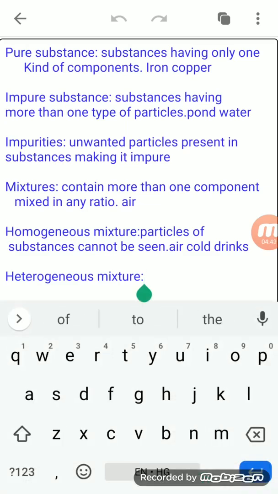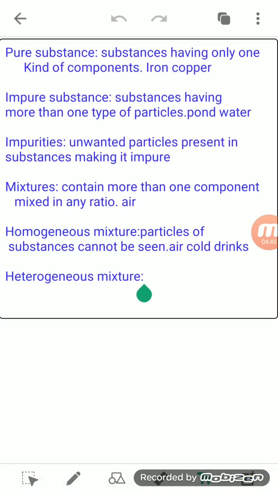But when we talk about the heterogeneous mixture, hetero means different. If the mixture consists of two components that are different from each other, the particles can be easily seen. So that kind of mixture is a heterogeneous mixture. For example, oil in water.